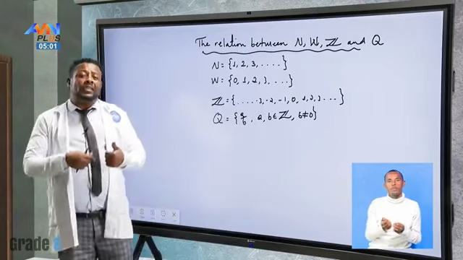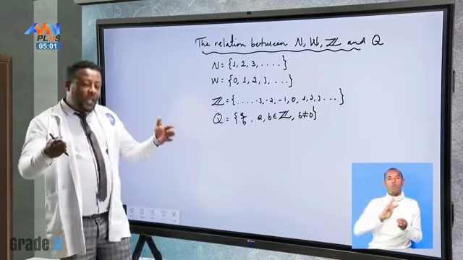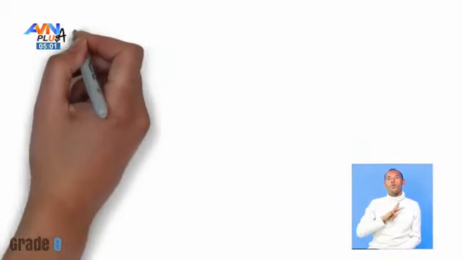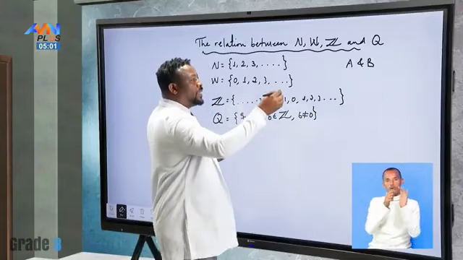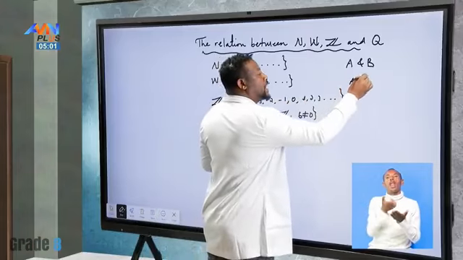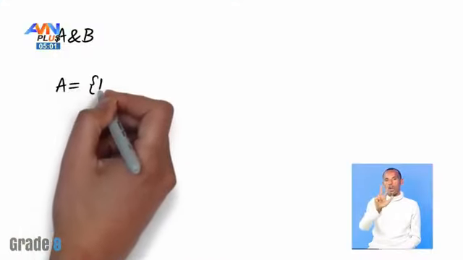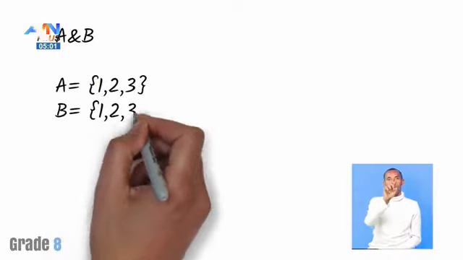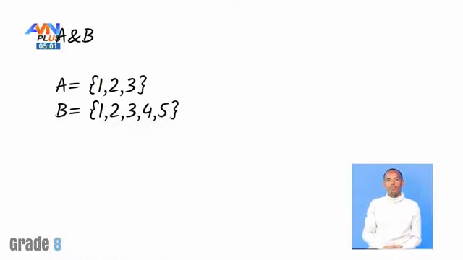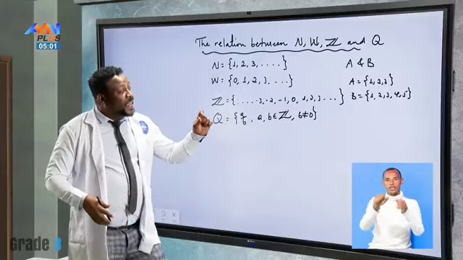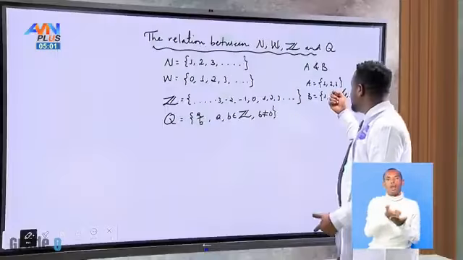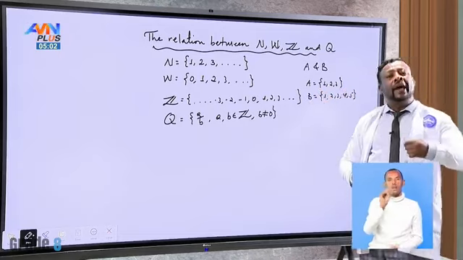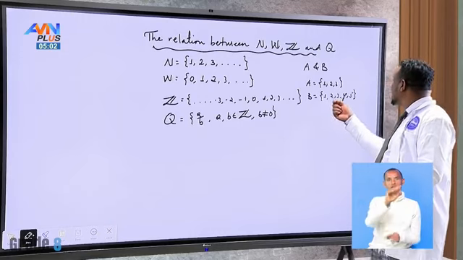Just to remind you what a subset is, if we have two sets A and B with some elements, for example, if set A contains elements such as 1, 2, 3, and say set B contains elements 1, 2, 3, 4, 5, right? Clearly, set A contains 3 elements, 1, 2, 3, and set B contains exactly 5 elements.